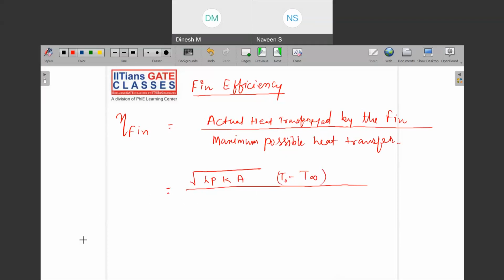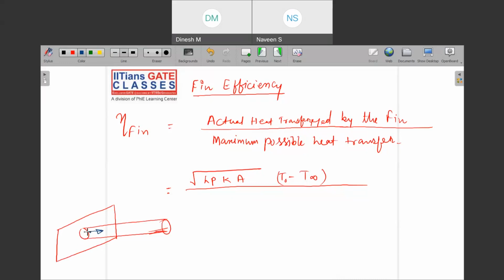And now let us find out what is the maximum possible heat transfer. So let us try to understand it with respect to something, then only we will appreciate what is the maximum heat it could have transferred. See, the temperature in this direction was getting changed, right? So then only I got this as the heat transfer.